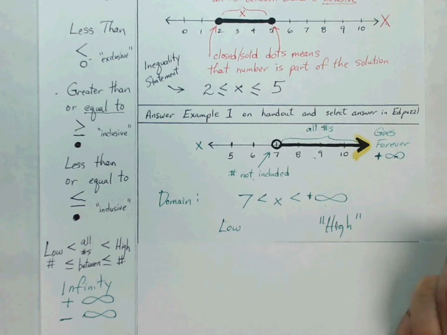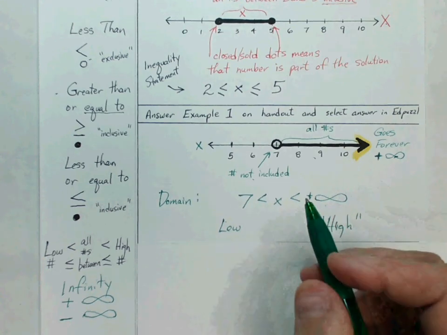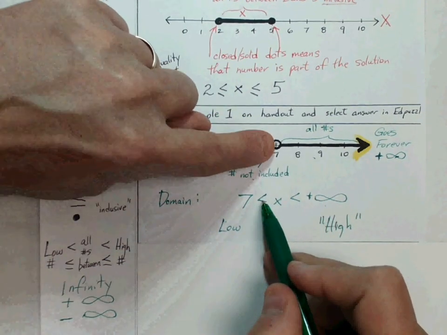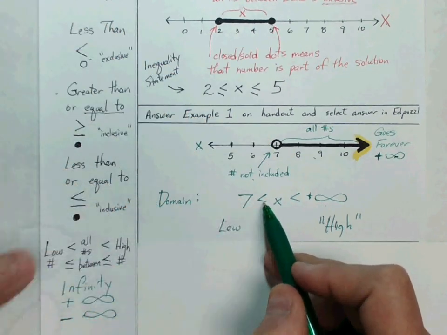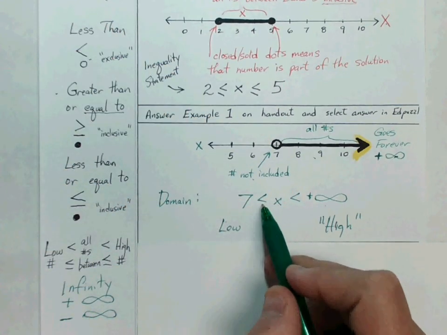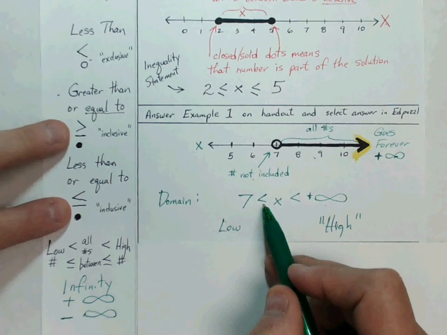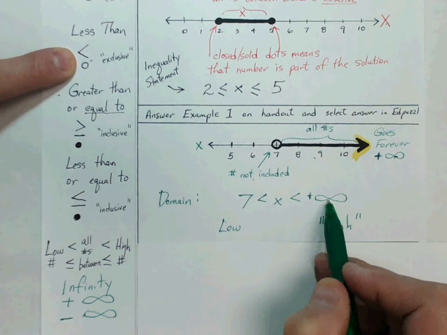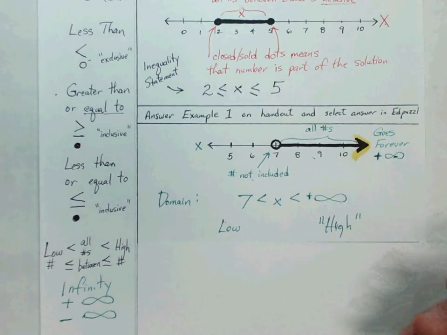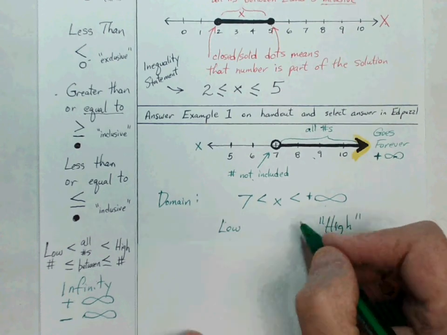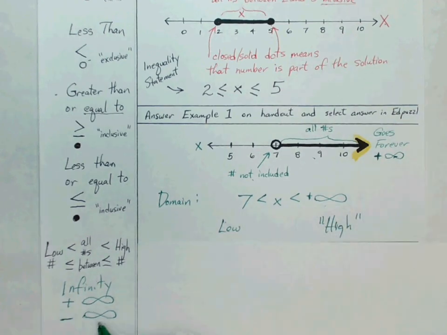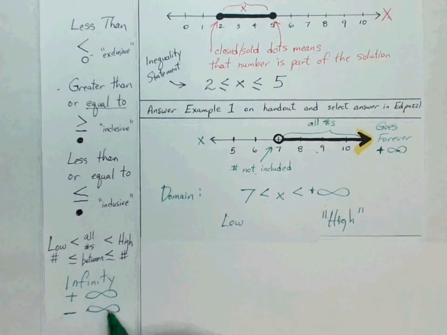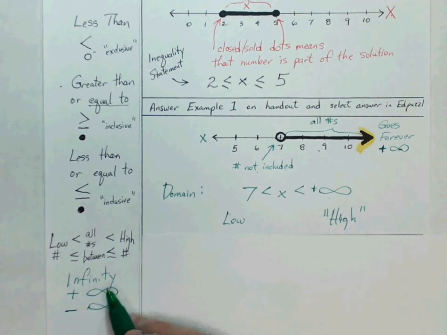All right. And we got to figure out, all right, we know that this open dot right here is not going to be an equal to sign. Okay, so we're not going to use equal to, we're going to use just the less than symbol. But what about infinity? Can we touch infinity? No. Okay, so we're going to make a statement down here with infinity.